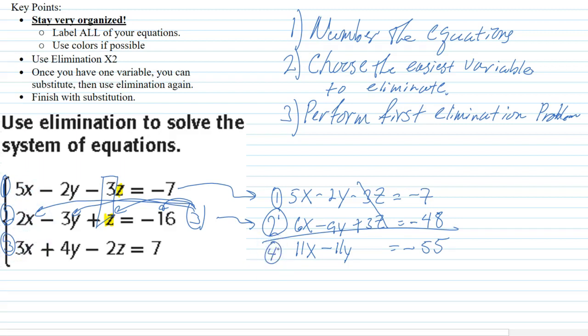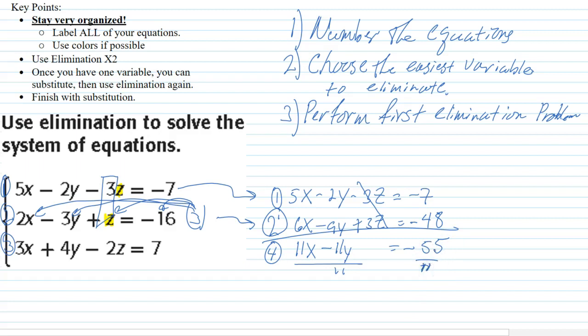Now, there's something kind of cool about this equation. I'm not sure if you noticed, but there's an 11, another 11, and then there's an 11 inside of 55. 11 times 5 is 55. So one cool thing about this is that we can actually reduce by 11. Can't always do that. This just happened to make it easier for us. So I can reduce this side by 11. Whatever I do to one side, I do to the other.